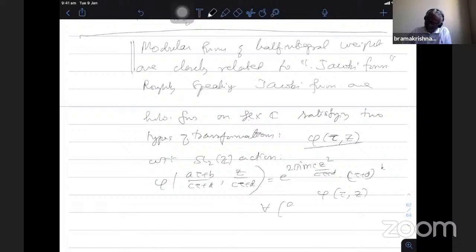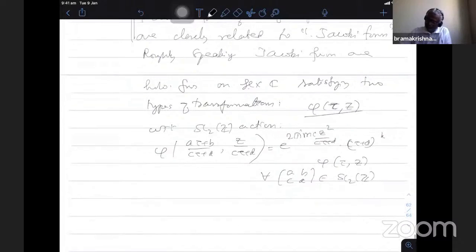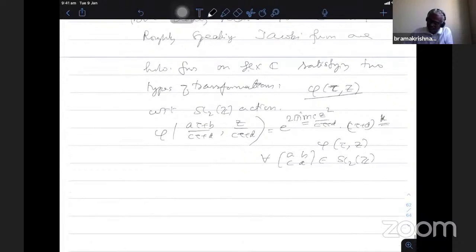This should be true for all a, b, c, d in SL2Z. So there is a parameter k appearing here, and there is one extra parameter m appearing there. Therefore, Jacobi forms have two parameters. One is called the weight, and another is called the index. That is coming from the transformation.